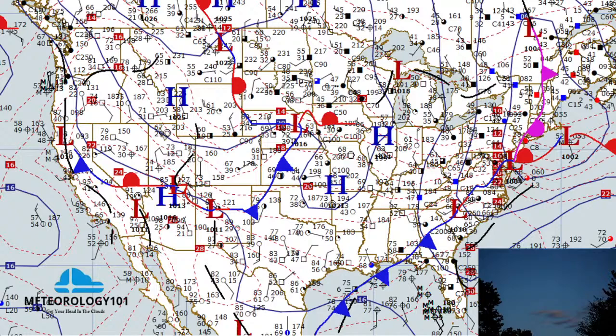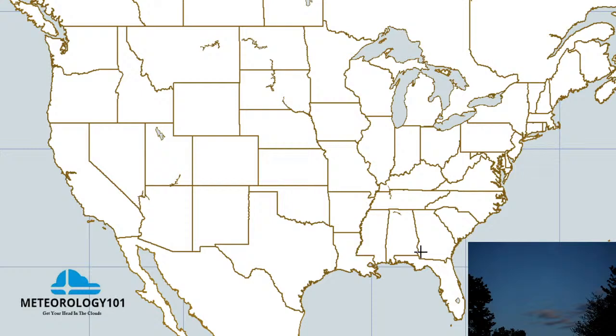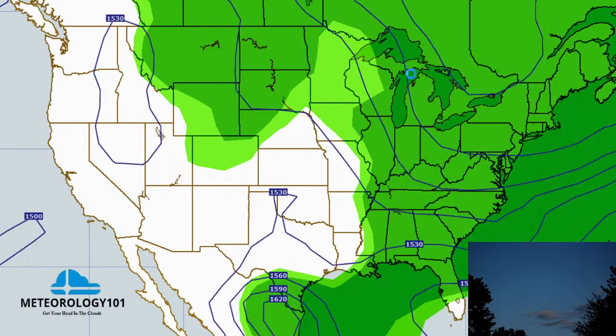All right, so if we take us up one level, go to the 850. All right, so what we've got here. Moisture levels.